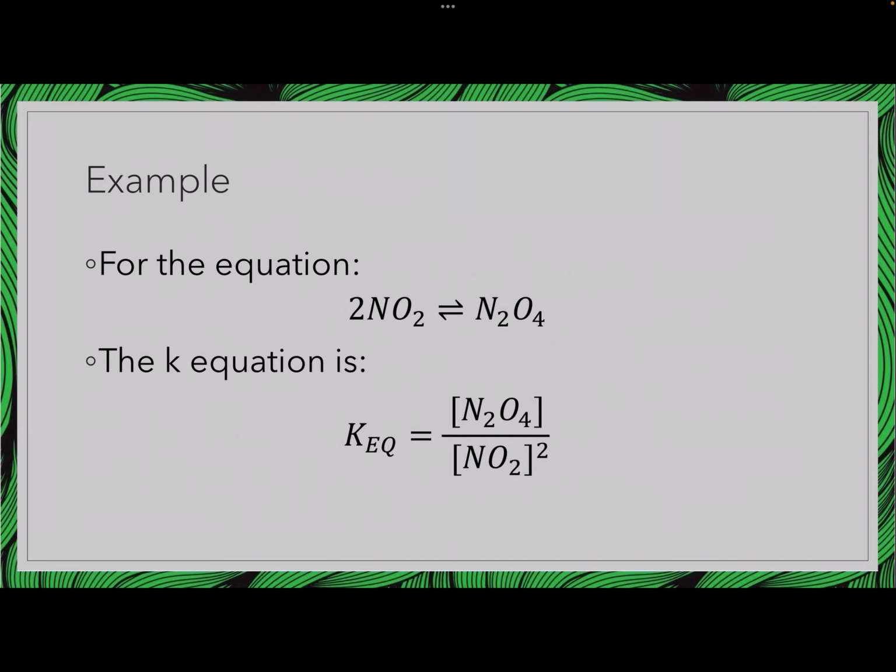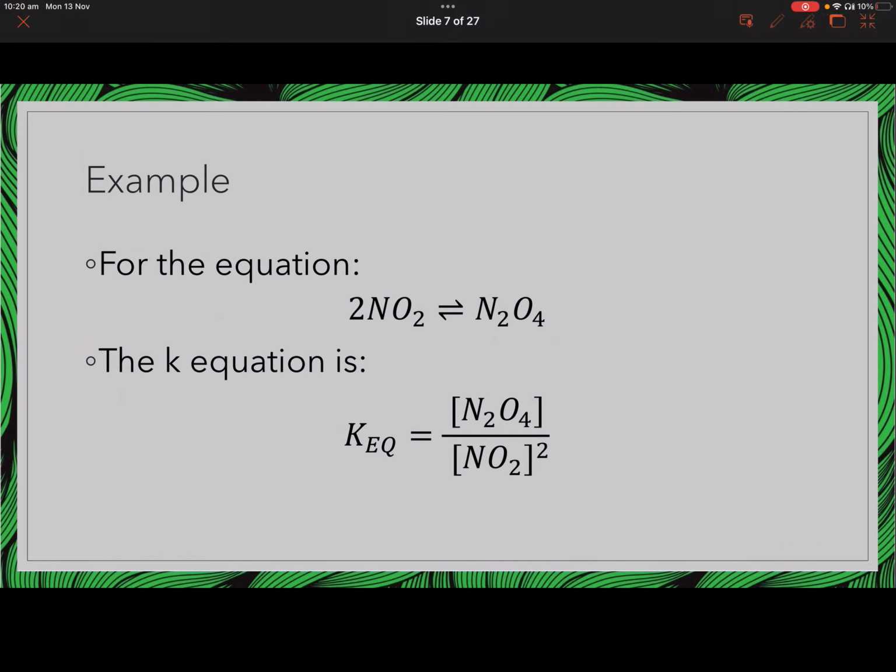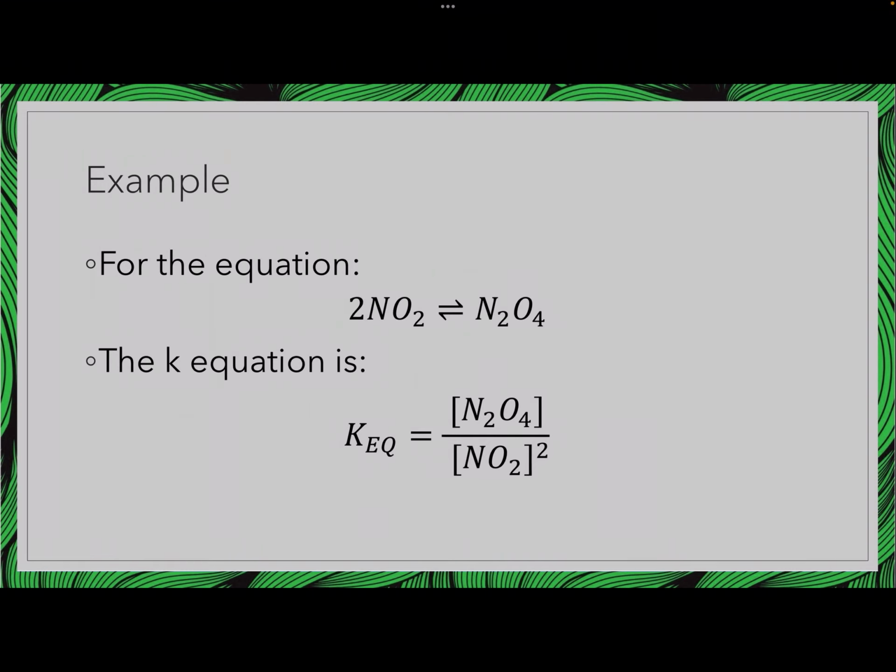So what we do, we take the concentration of the products, N2O4, and we put it over the concentration of the reactants, which in this case is our nitrogen dioxide. And because nitrogen dioxide has a stoichiometric ratio of 2, we're going to put it to the power of 2.